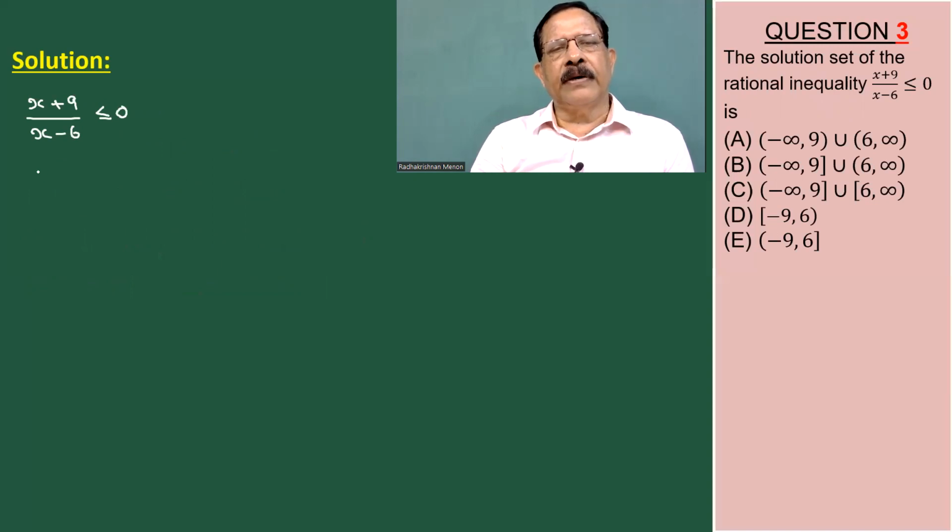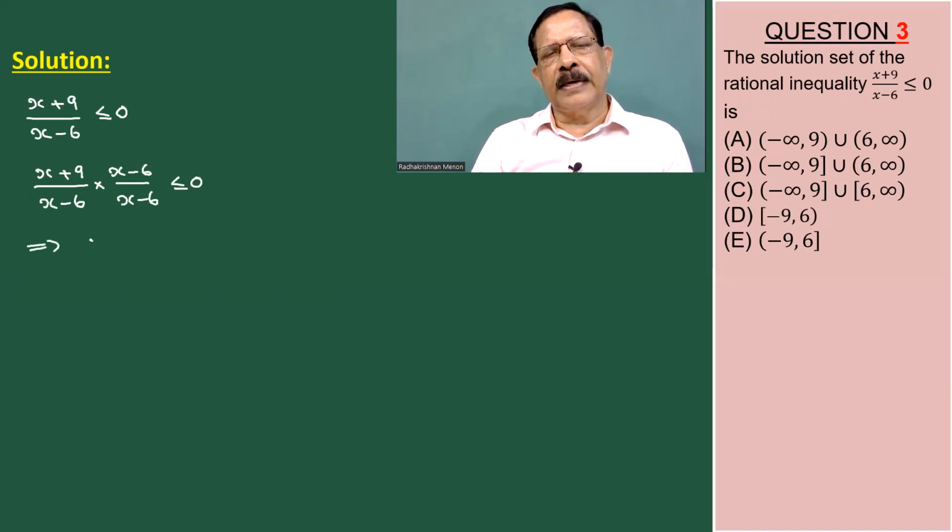On the LHS itself, we multiply numerator and denominator by x minus 6. This is the theory behind it. When you simplify, the numerator gives x plus 9 into x minus 6, the whole divided by x minus 6 whole squared.